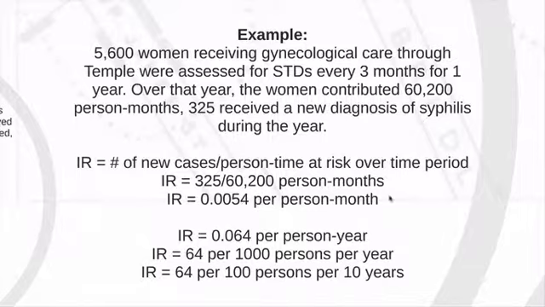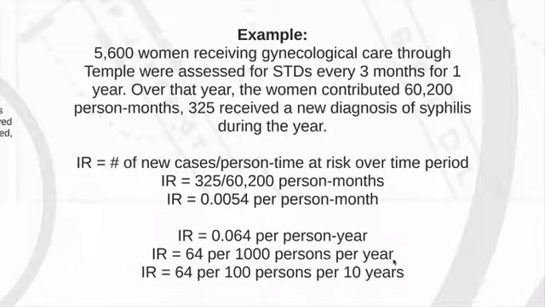All right, well, that per person month is very difficult to interpret, so let's unpack this a little. We know that there are 12 months in a year, so we can multiply up and end up with, instead of person months, person years. So we can multiply our 0.0054 by 12, and we end up with 0.064 per person year.